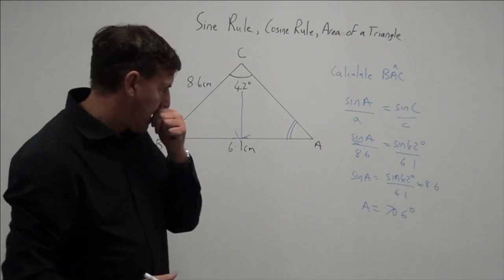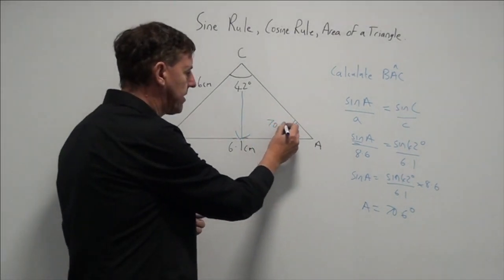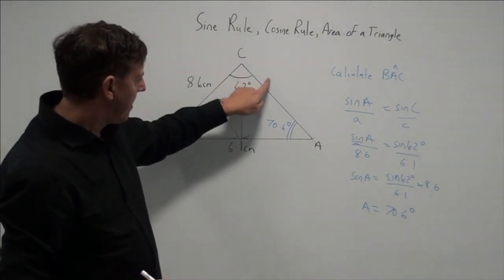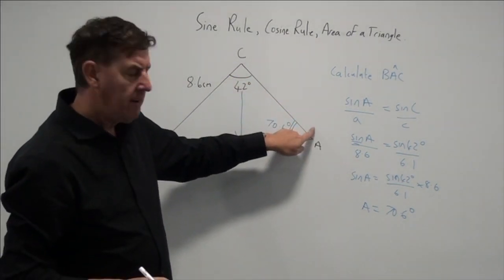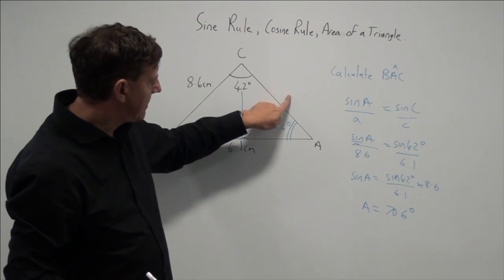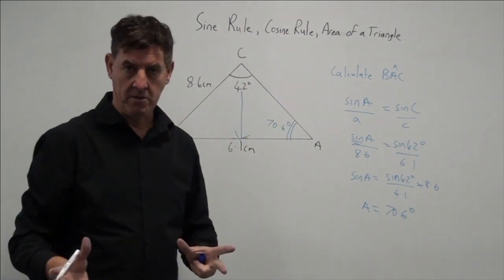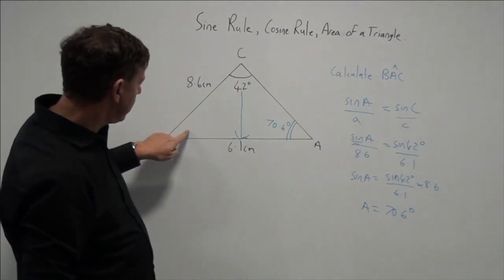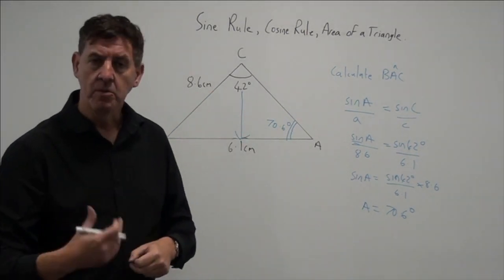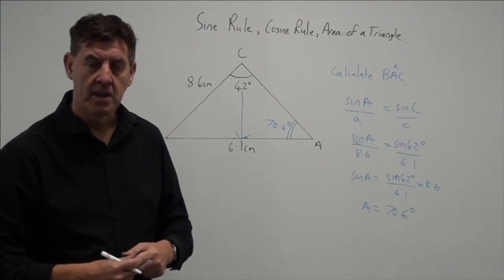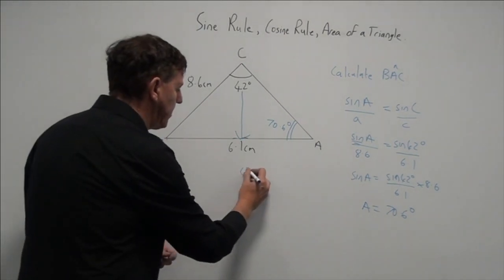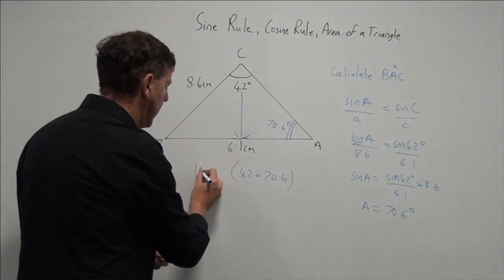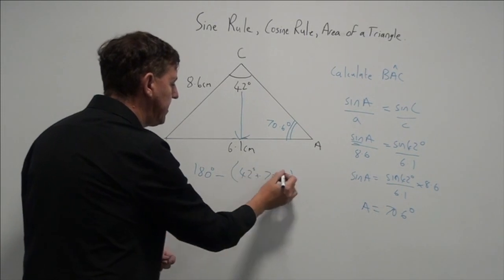Now, if this one's 70.6 degrees, believe it or not, you can now calculate that length. How can we calculate that length, AC, so that we've now got a complete triangle? We know that these three angles, again, add up to 180 degrees. So, I could do the 42 plus the 70.6, add them up, take it away from the 180 degrees.